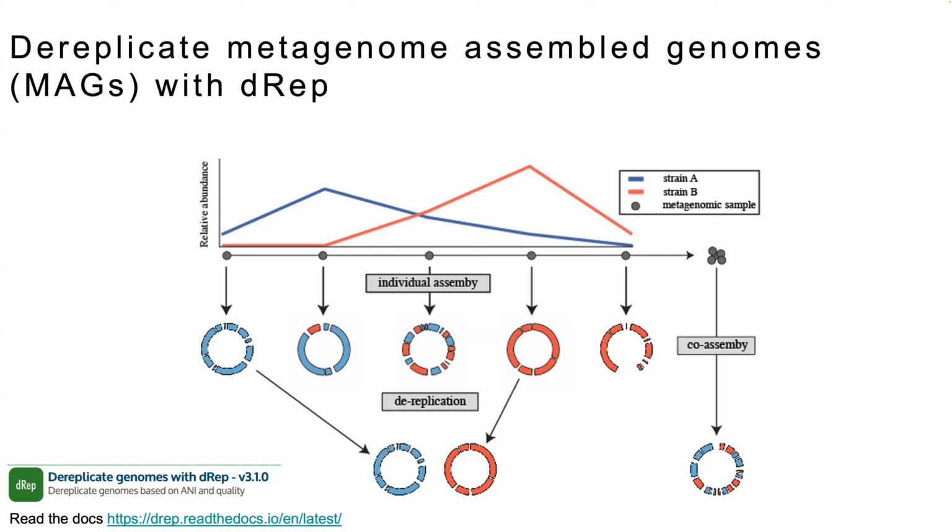So you might get a better representative from one sample than from another. And so the idea of dereplication is to assess which genomes are the same and then pick the one that is the best representative from that cluster. And so that's what derep does for us: it groups genomes into like genomes and then decides which genome is the best representative for that cluster.